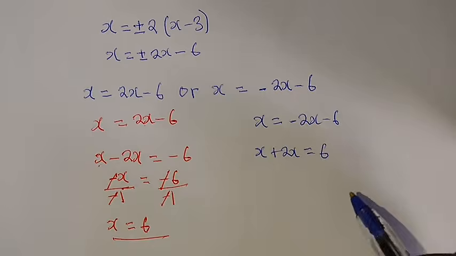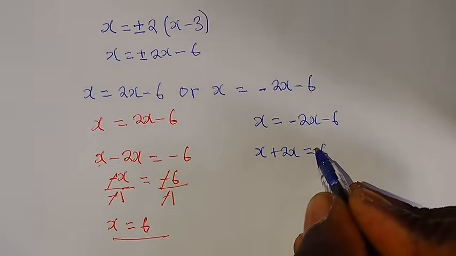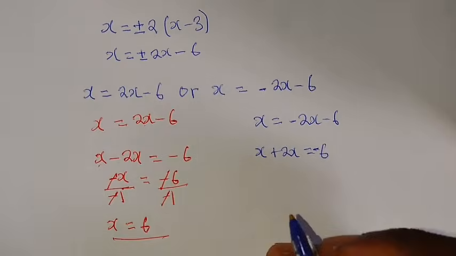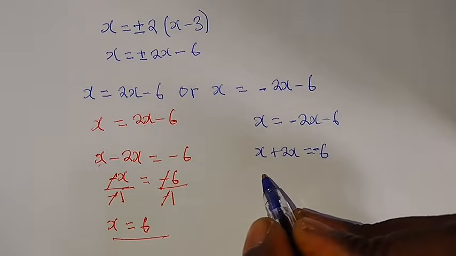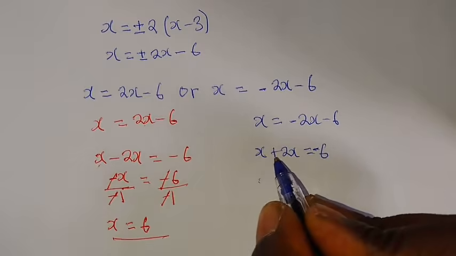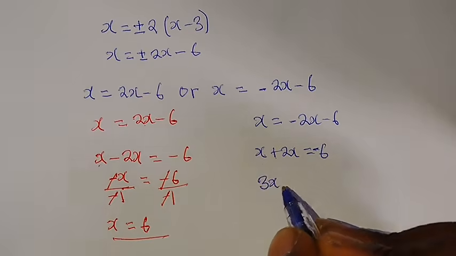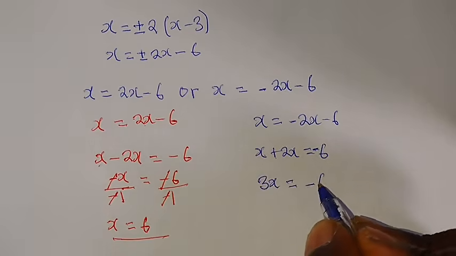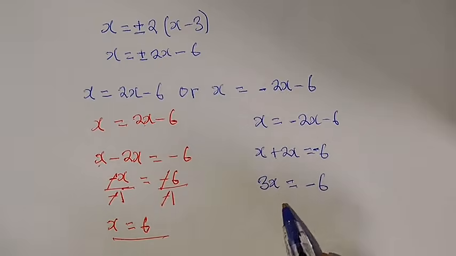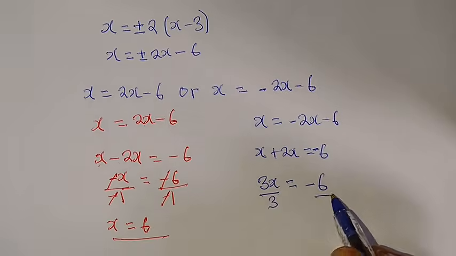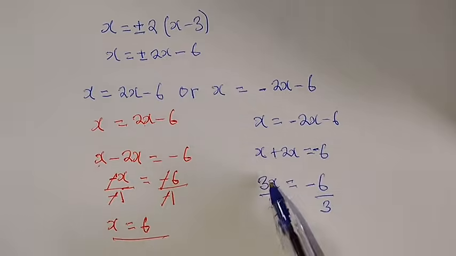Then it is equal to negative 6, like this. From here I'm going to write x plus 2x, which gives us 3x, equal to negative 6. So we need to find the value of x, whereby we divide both sides of the equation by 3. So this and this will cancel.